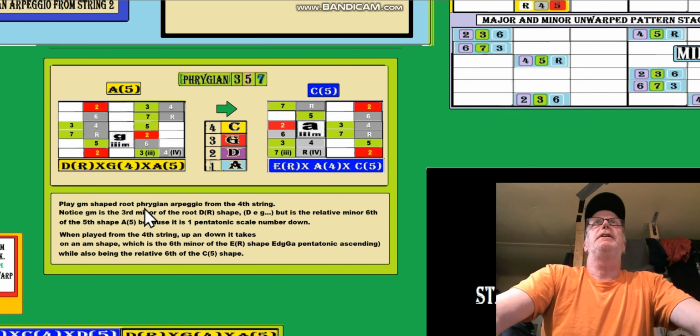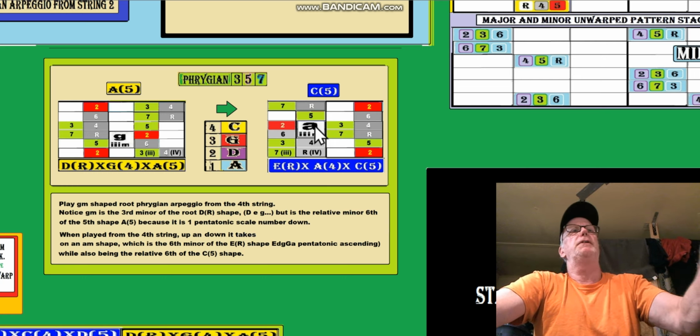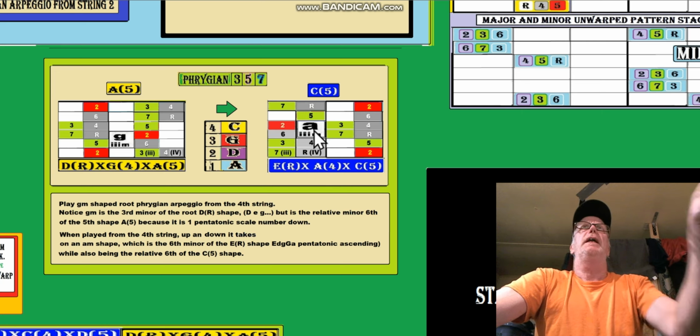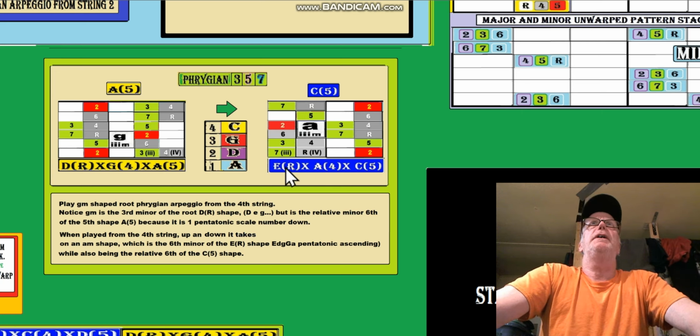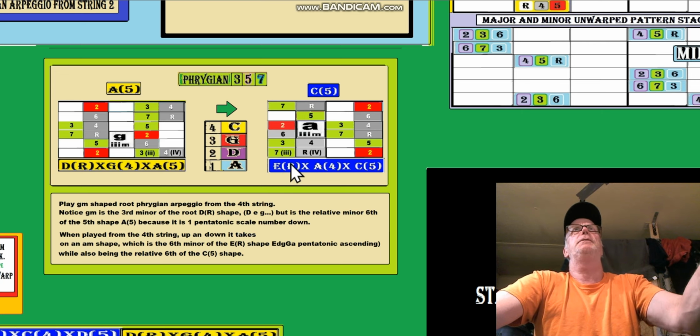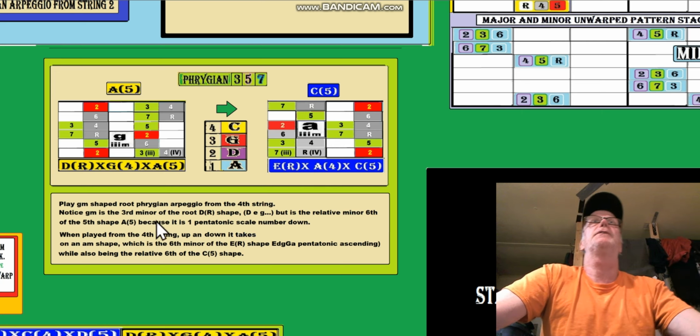All right, I mixed it up a little bit, but in the Phrygian, A minor is relative to the C shape. Okay, which goes up one pentatonic scale from A minor to the C. All right, A minor is the 3rd of the E root shape because you go E, Dorian would be the G minor shaped, and then A minor, the Phrygian would be the 3rd. That's all I got to say about that.